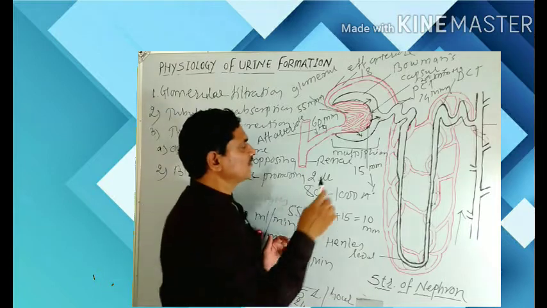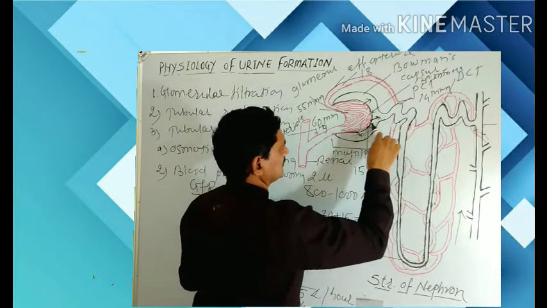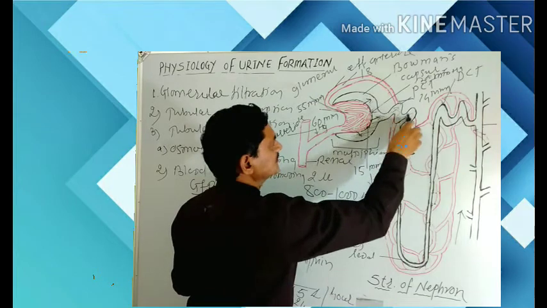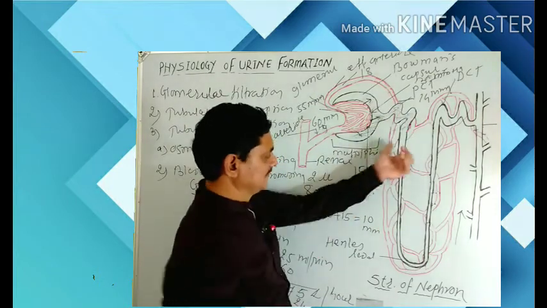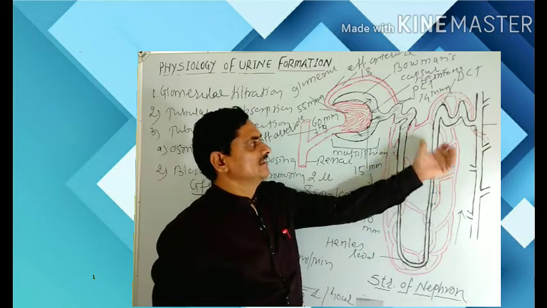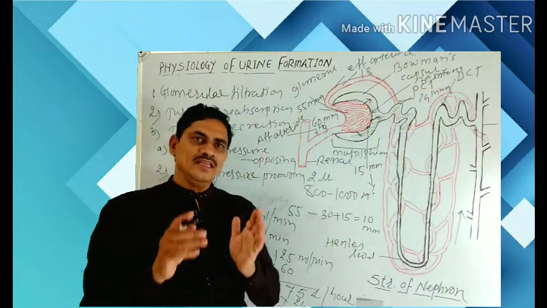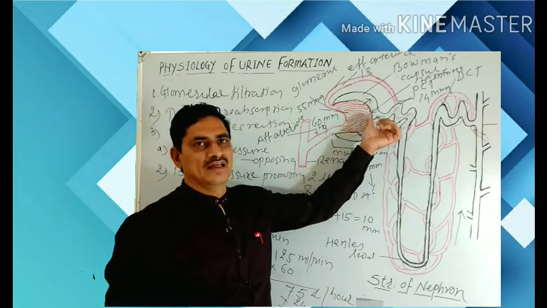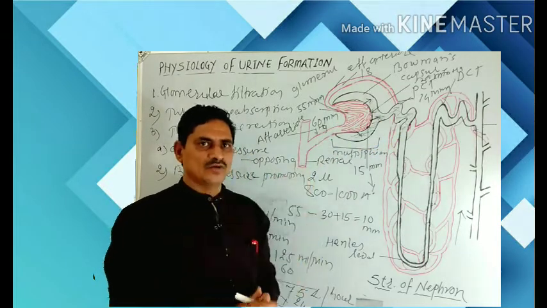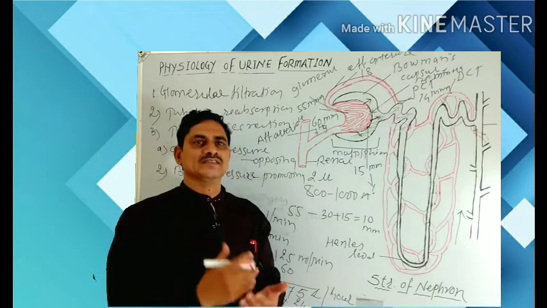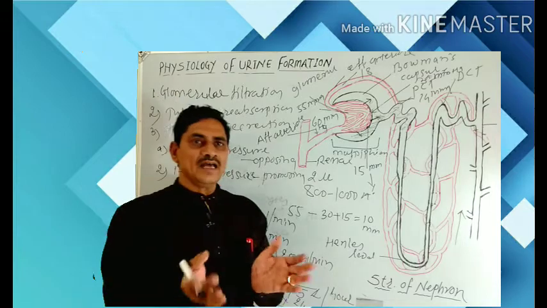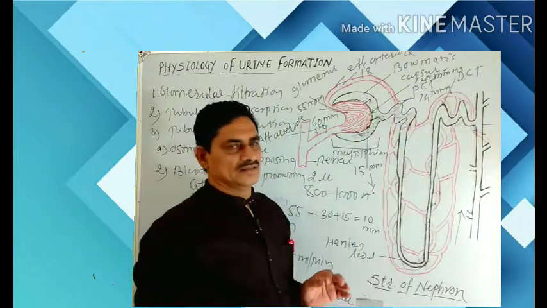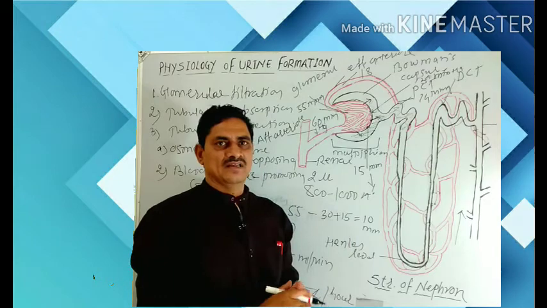As the glomerular filtrate passes through the length of the lumen, means it passes through the proximal convoluted tubule, to the descending limb, the Henle's loop, and then the ascending limb and collecting duct, the useful substances which were previously filtered, like the glucose or amino acids, water, the sodium ions and other electrolytes, are reabsorbed in the course of passing through these different lumens.